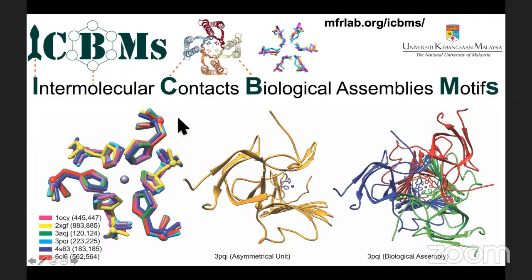So here, this is a trimer, and in the asymmetric unit, you've got two histidines that contribute to this interface that you can see here. And we have made this into a database called ICBMs.